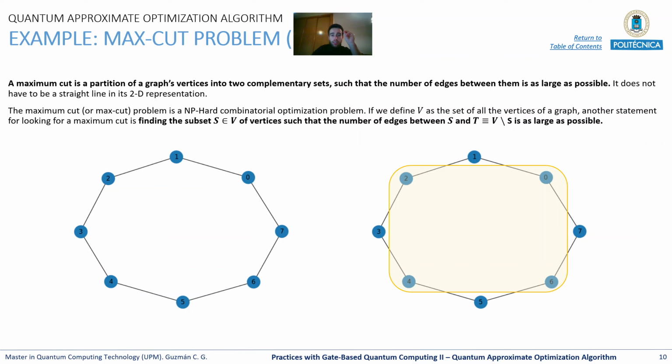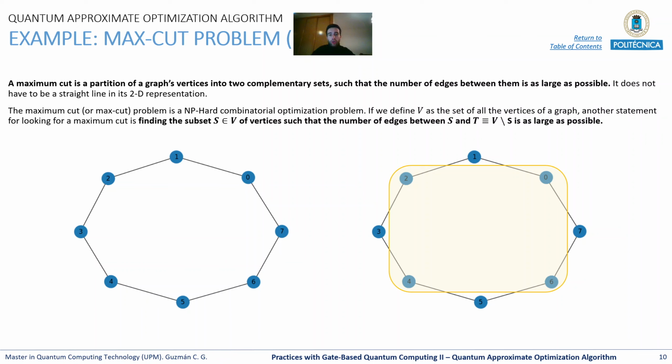Complementary means that if you have the full graph, the vertices that are in one set are not in the other one, but both of them make the total of the vertices. So we want a partition of those vertices such that the number of edges between them is as large as possible. That's the main definition.